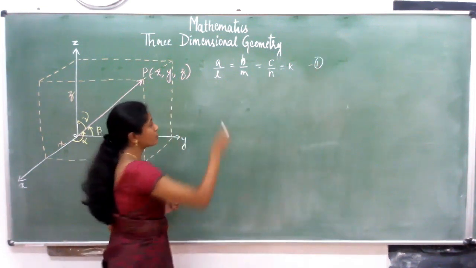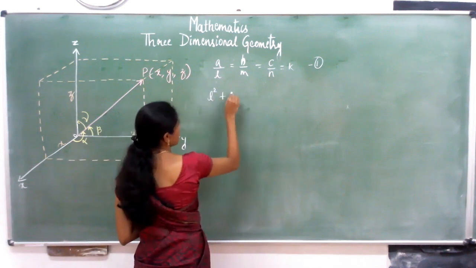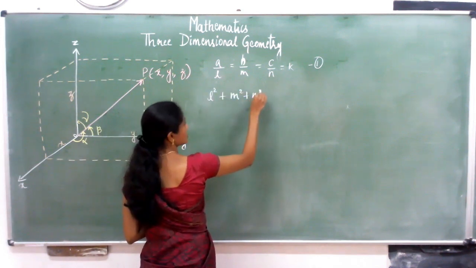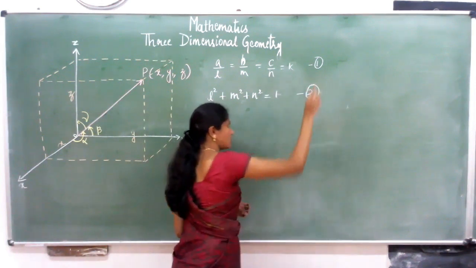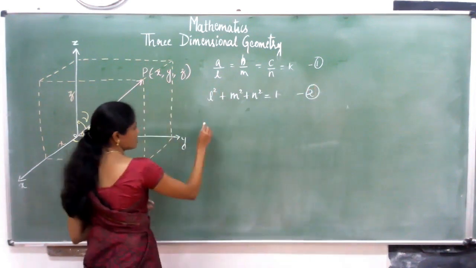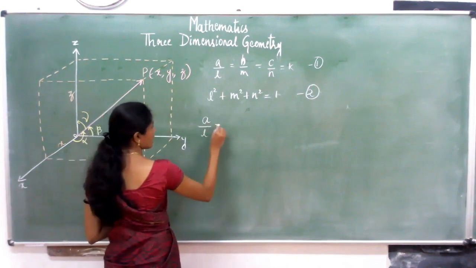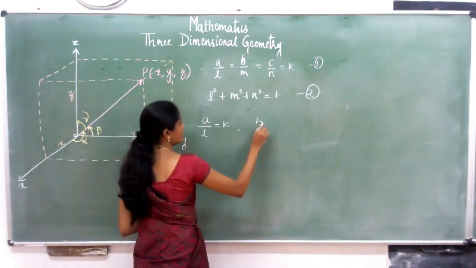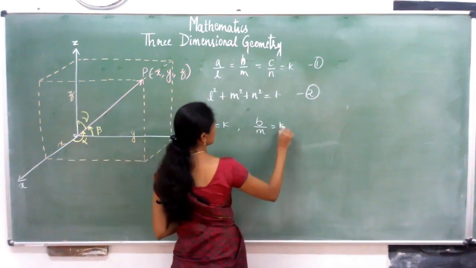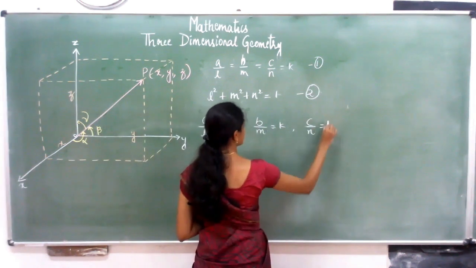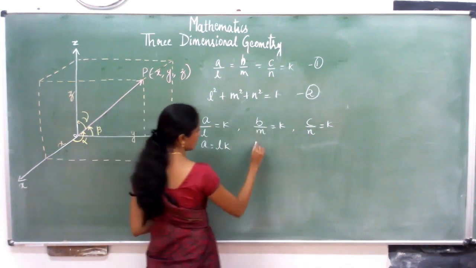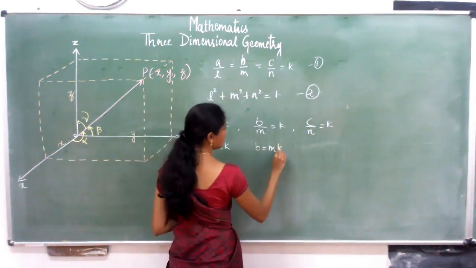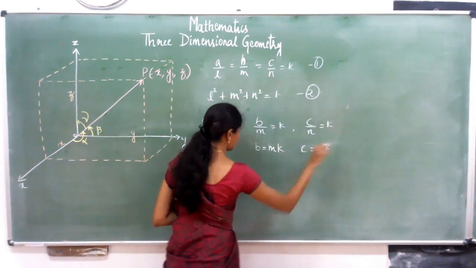In vector algebra, we already know that l square plus m square plus n square is equal to 1. This I call equation number 2. From the first equation, I can write a by l is equal to k, b by m is equal to k and c by n is equal to k. From this, a is equal to l into k, b is equal to m into k and c is equal to n into k.